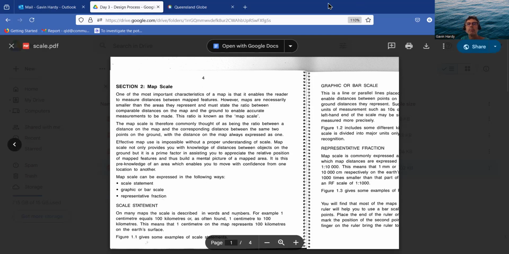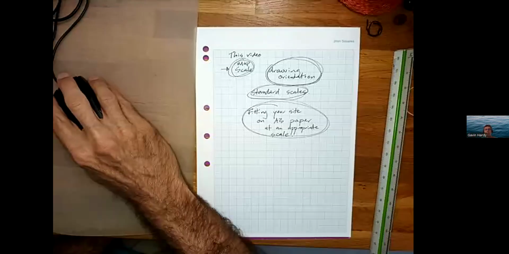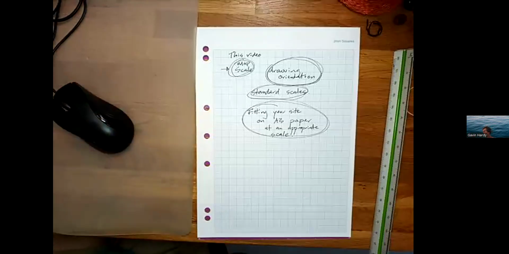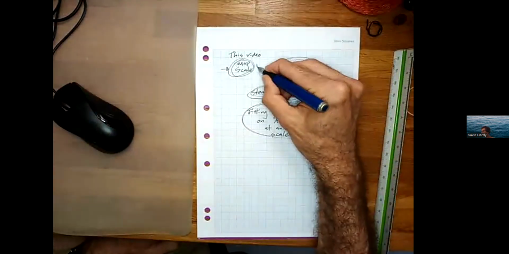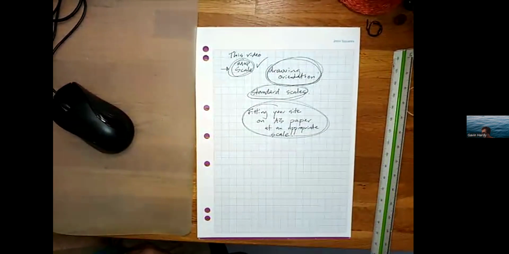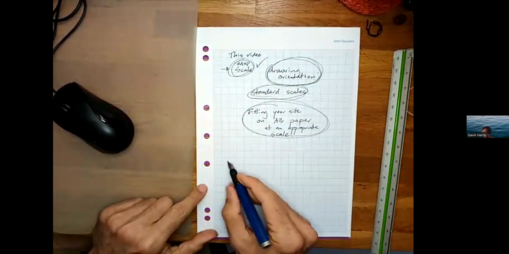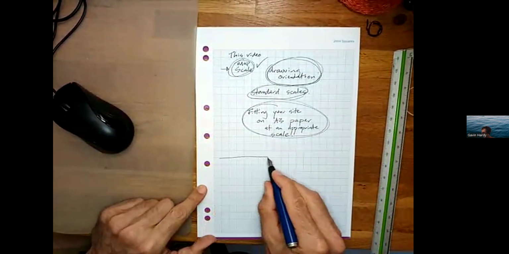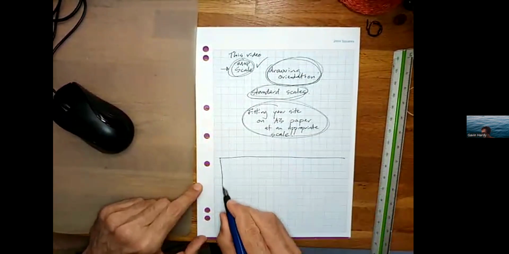I'll go back to the camera again. And I'll talk a little bit about drawing orientation. Say this is my A3 page, this is the edge of my A3 page.